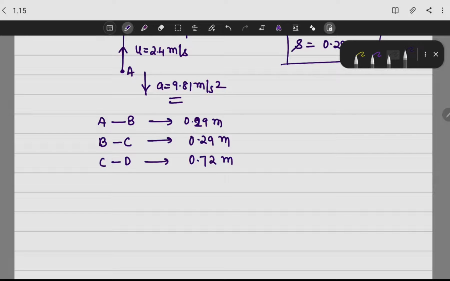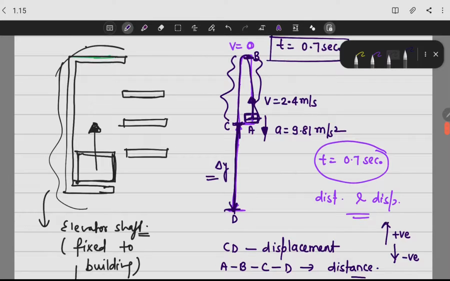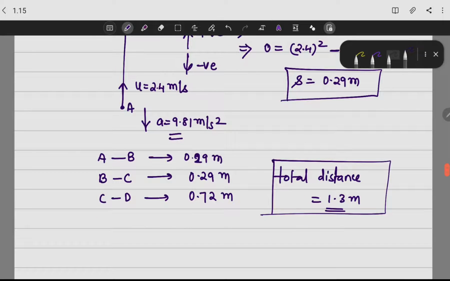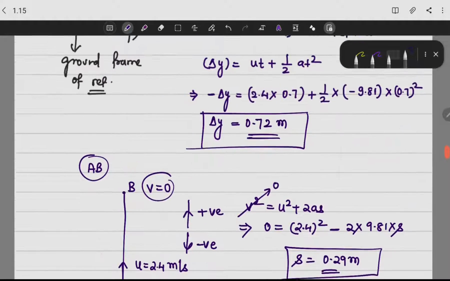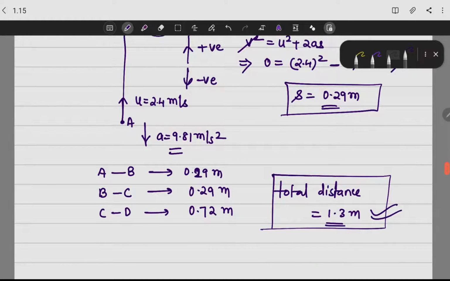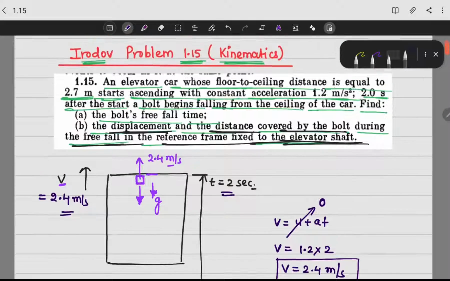If we add everything, we get the total distance. Total distance is equal to 1.3 meter. Okay, so the distance traveled by the bolt in the entire journey is 1.3 meter, and the displacement is 0.72 meter. I hope the entire procedure is clear and both the problems are clear.